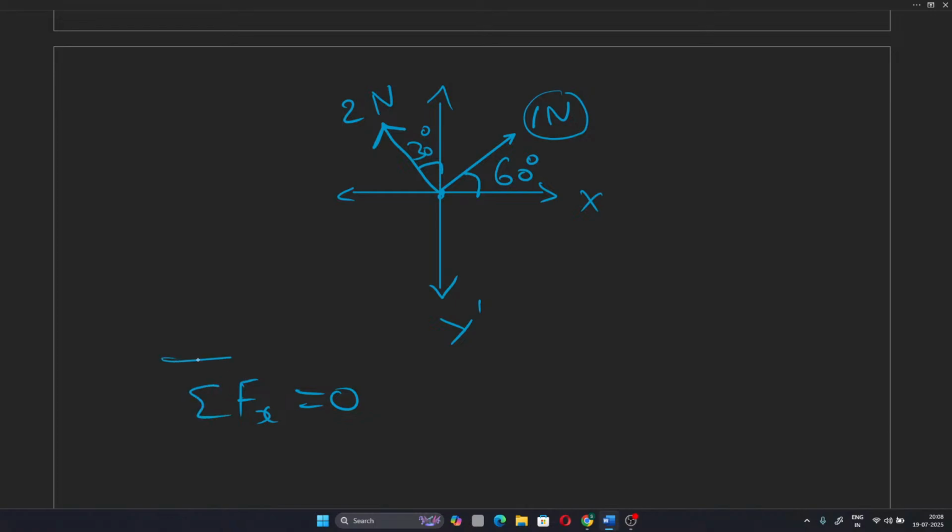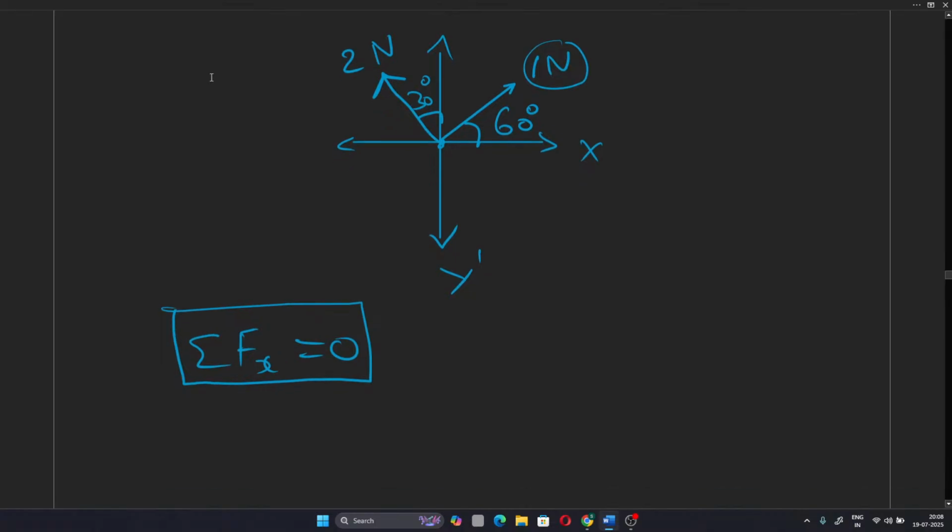Net force along the x direction will be 0.